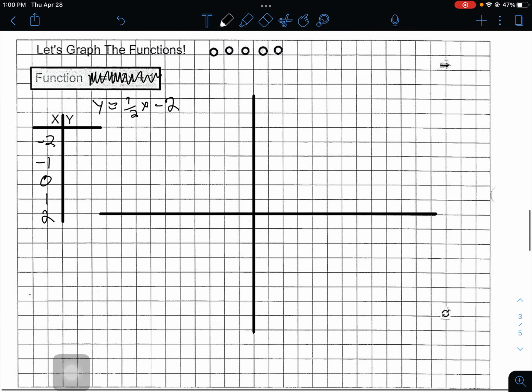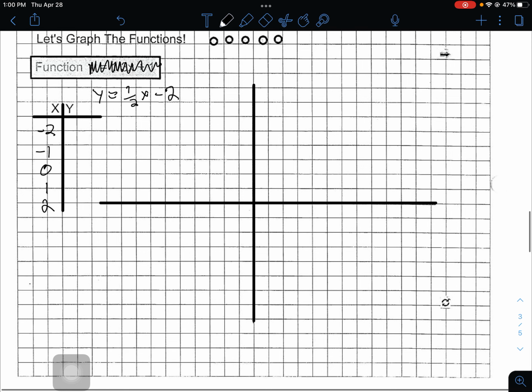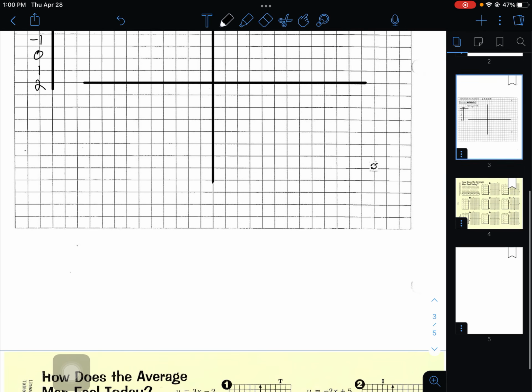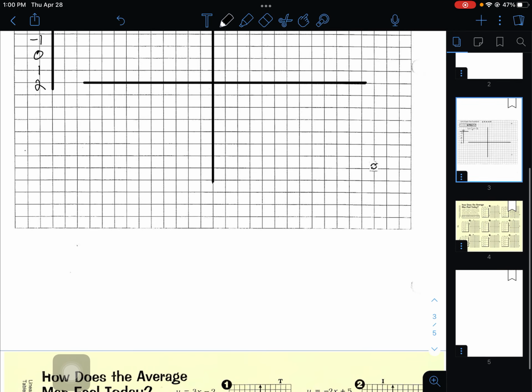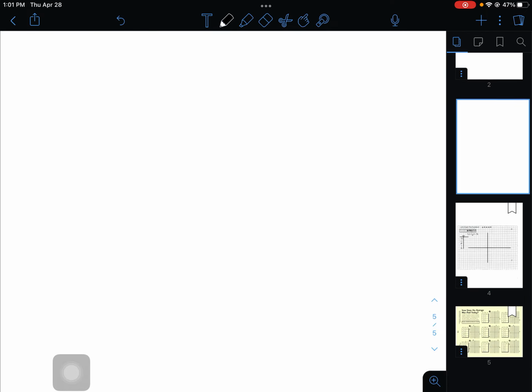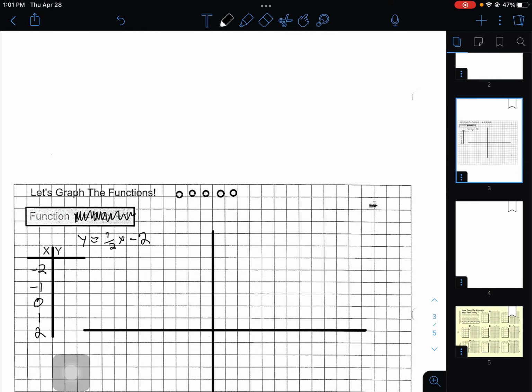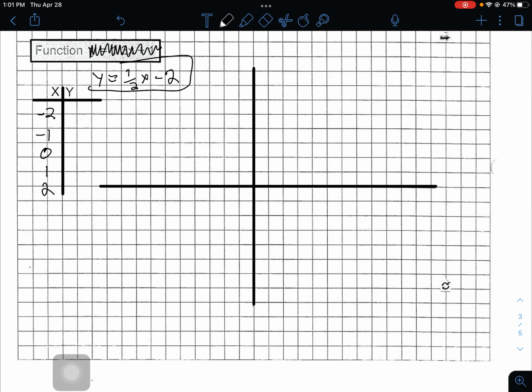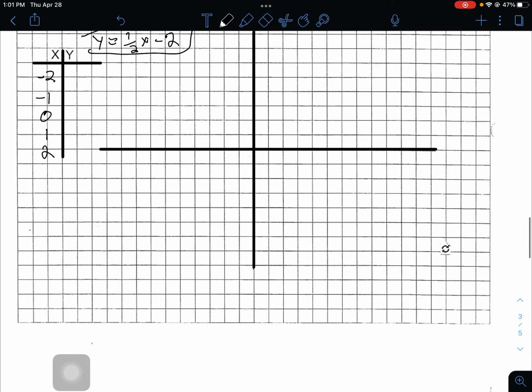I'm going to do all the work on another sheet of paper down here, so I'm going to grab another one. There we go. So our function, again, is y equals 1/2 x minus 2.